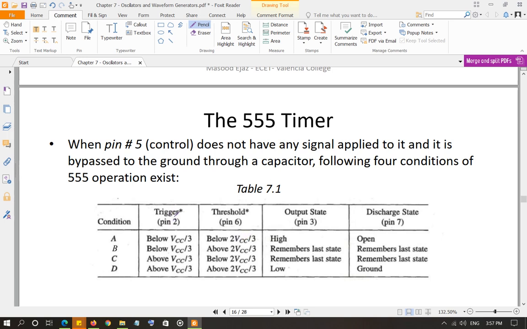So the lower comparator is high and the upper comparator is low. Then the output of the IC is going to be high. Okay, so this is the condition we have to meet to make the output of the IC high.